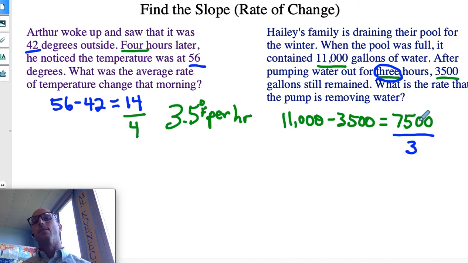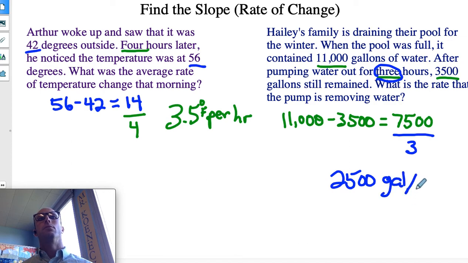We need to divide this out. 7,500 divided by 3 is 2,500. Again, this is a unit rate. That is gallons per hour. There we go. That's the rate of change from a scenario.